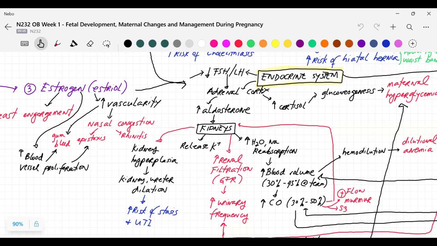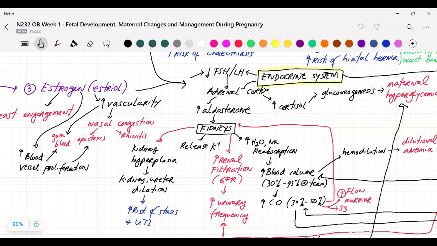Now, what happens is it sends another feedback to another endocrine gland, and it says, hey, you don't have a lot of FSH and LH. Oh, okay, well then I'm gonna produce more aldosterone here in the adrenal gland, in the adrenal cortex, to compensate for that. So then mom gets a lot of aldosterone and cortisol.